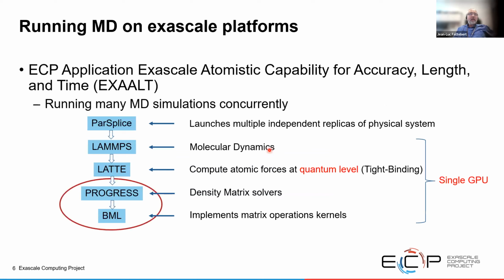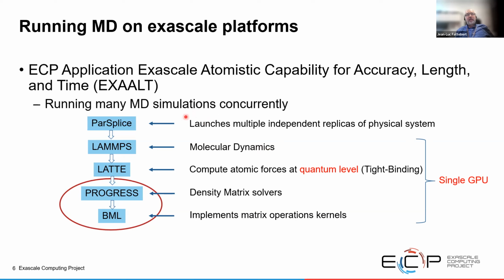So within the Exascale computing project, we've been trying to help one particular application, which is the EXALT project, also out of Los Alamos, running their atomistic simulation with quantum forces or quantum molecular dynamics.